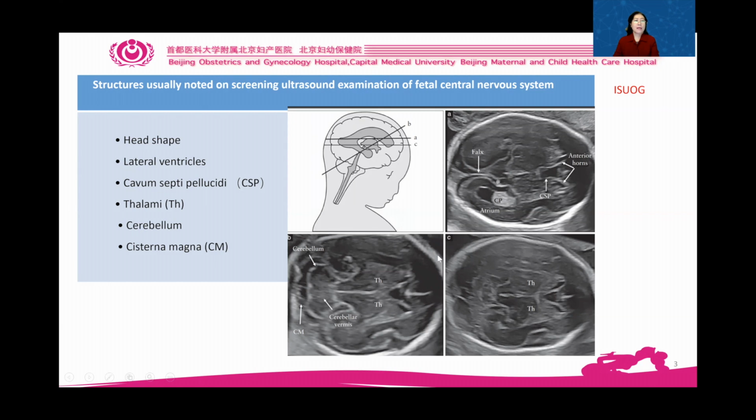So the 3 planes are very important. Structures that should be noted in routine examination include the lateral ventricles, the cerebellum, cisterna magna, and the CSP here, and the head shape and the brain texture should also be noted on these views.